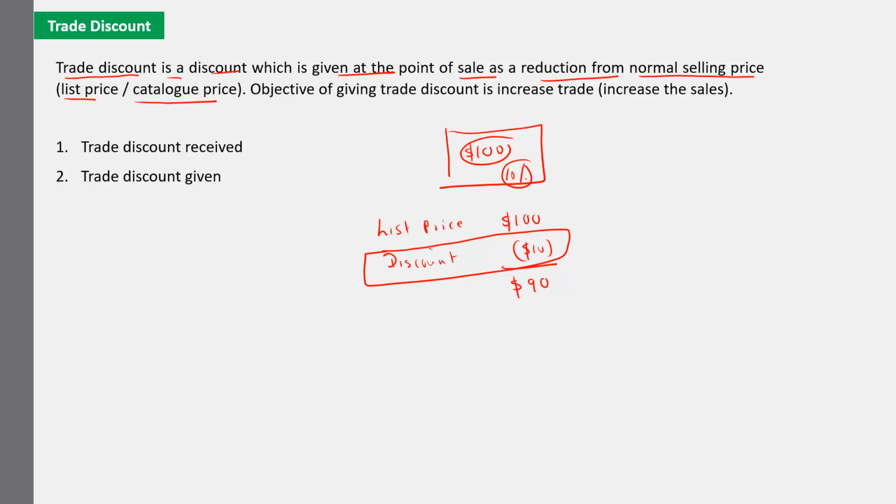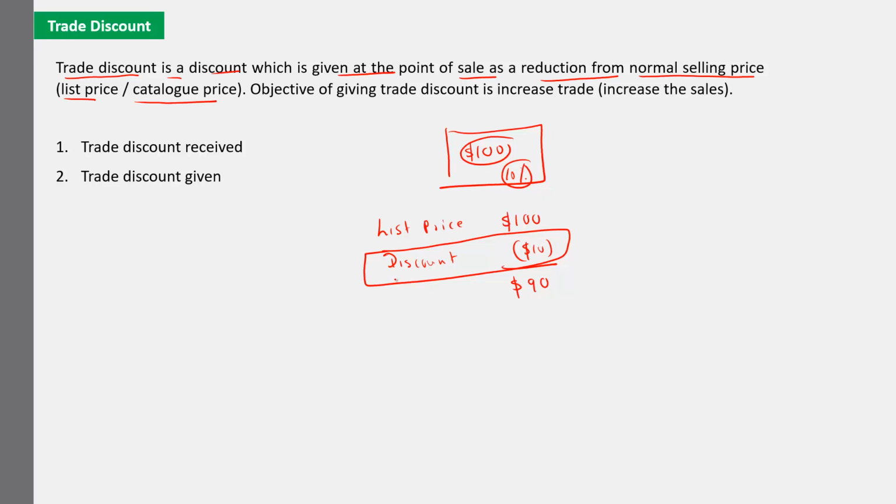So you are getting this discount at the time of purchase, when you are purchasing that particular table. You will understand the difference between trade discount and cash discount once we are done with the cash discount part. For the time being, let's get the proper learning about the trade discount, then we'll learn about the cash discount.